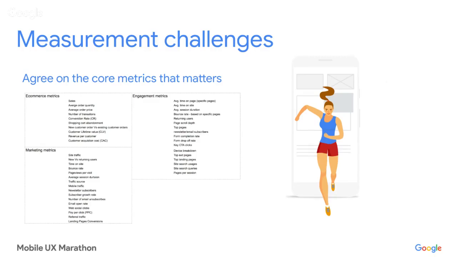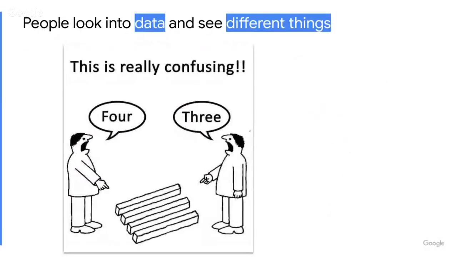So next slide. And that is because even when that happens, and even when we have agreed on what the core metric is and what the secondary metrics are, I think same data set, different people will see different things, right?